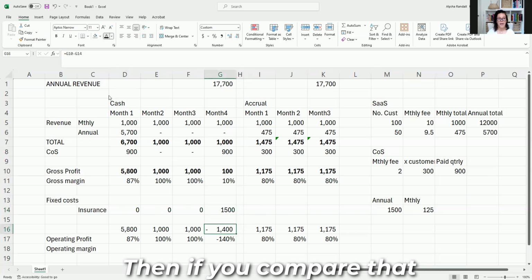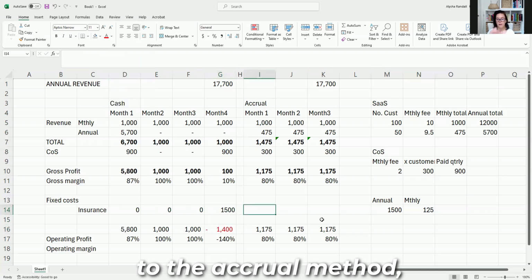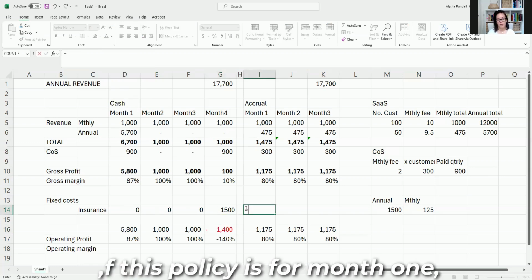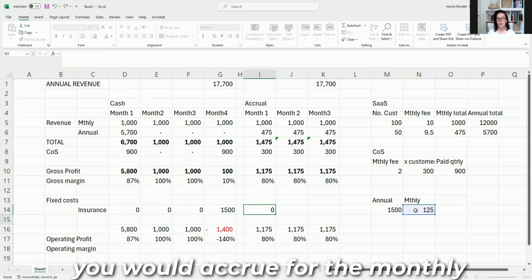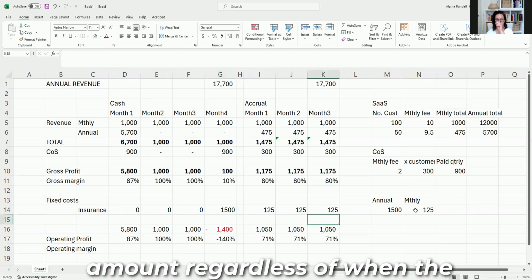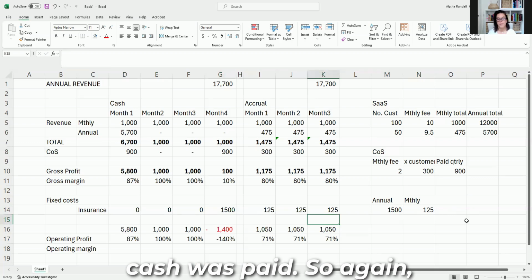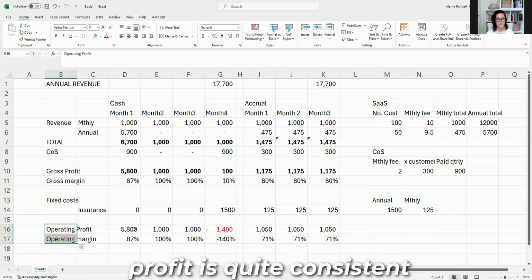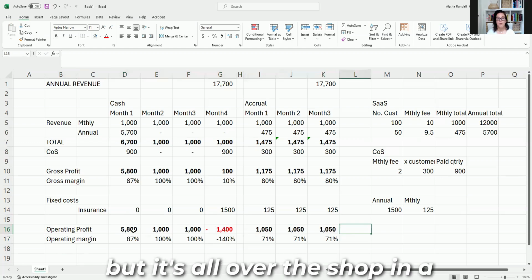Then if you compare that to the accrual method, if this policy is for month 1, 2, and 3, you would accrue for the monthly amount regardless of when the cash was paid. So again, you can see that the operating profit is quite consistent in the accrual method, but it's all over the shop in cash.